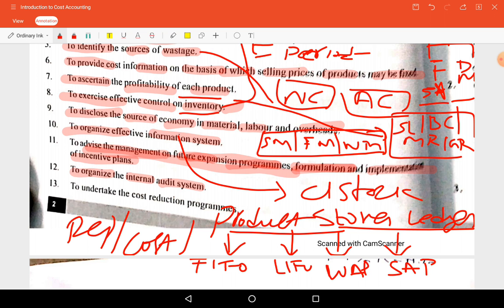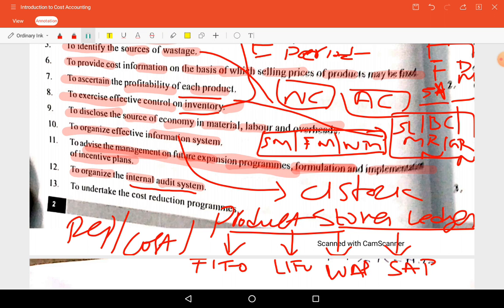There will be stores ledgers, bin cards, material requisition notes, bill of material, and GRN. So MRN and GRN, whatever there are, will make the internal audit system effective, and closing stock physical verification and other things will be done.